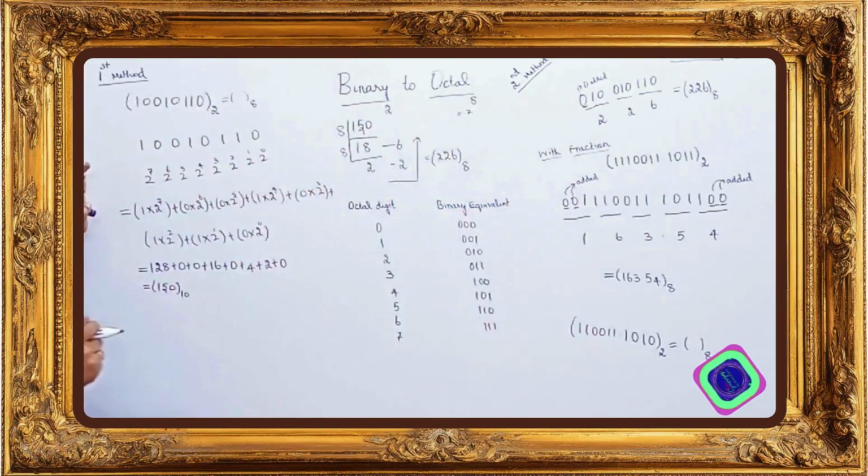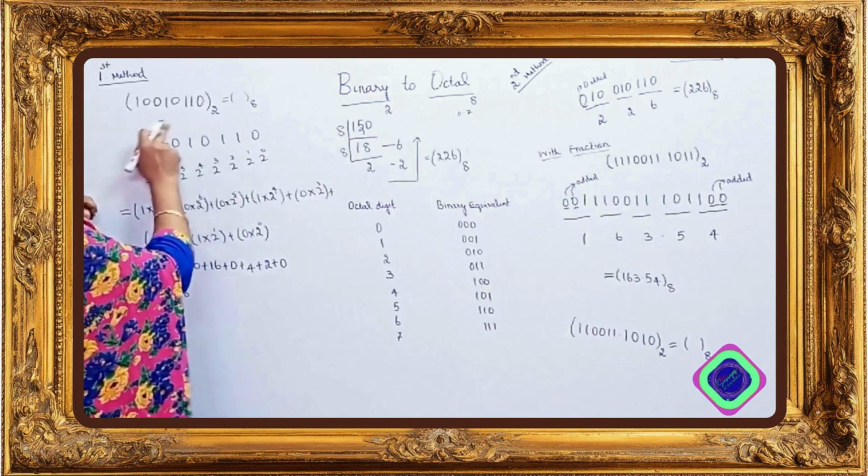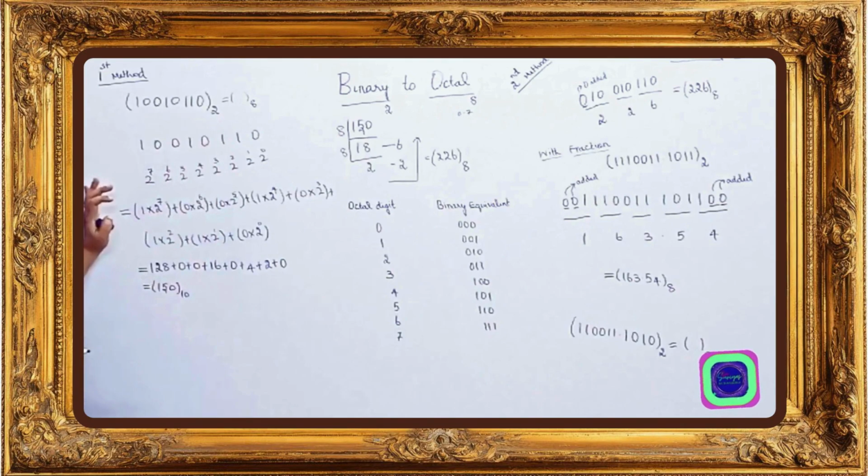In the first method, consider an example, 100101110. It is an integer number, that is, it does not contain any fractional value.